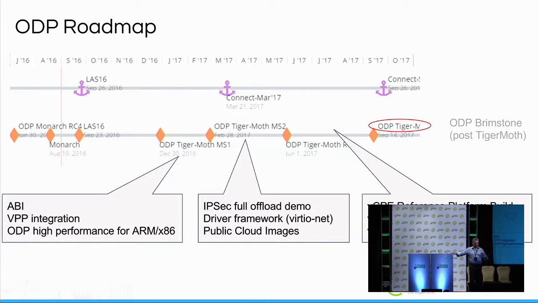So we keep on using butterfly names, and we're aggressively working on making an IPsec demonstration at full load for Connect in Budapest. And the Tiger Moth full release, we target to have it in September next year.